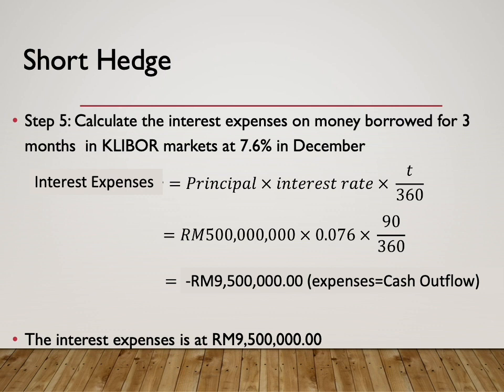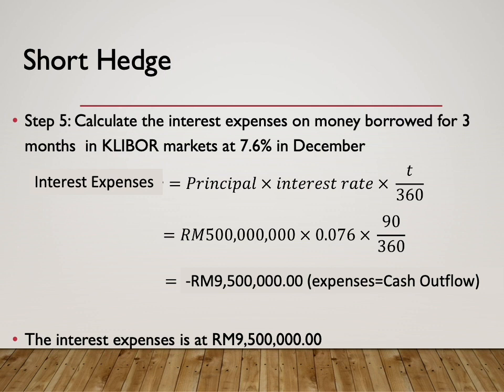In this case, FKB3, the underlying asset, is an instrument for 3 months. That's why T is equal to 90. So principal is 500 million times interest rate 0.076 times 90 divided by 360. So you get 9.5 million. So 9.5 million is your interest expenses. Interest expenses are a cash outflow, so we put negative.